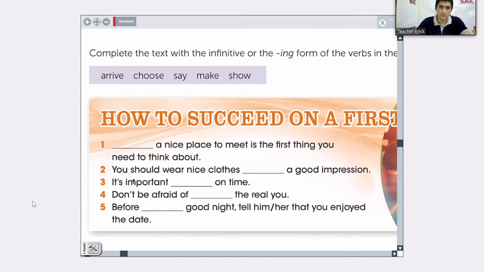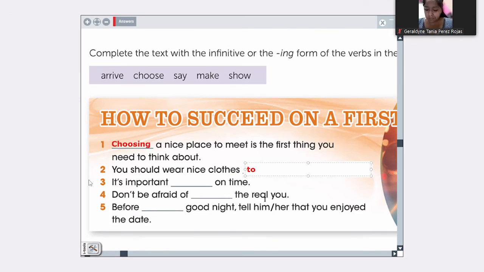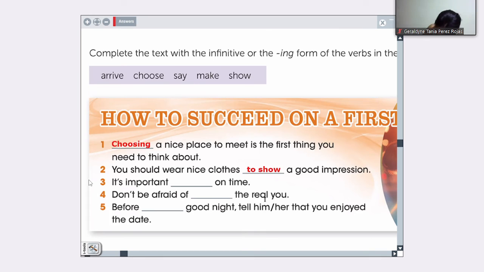What about number 2? It says you should wear nice clothes, a good impression. To show or showing? To show, no? To show a good... Okay. Number 3, it's important on time.